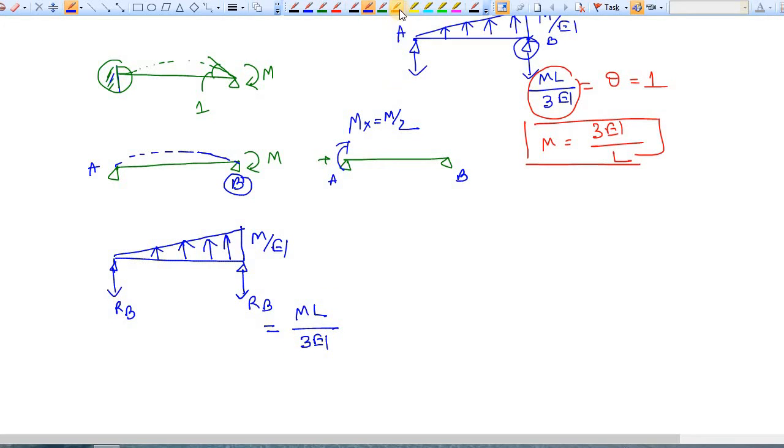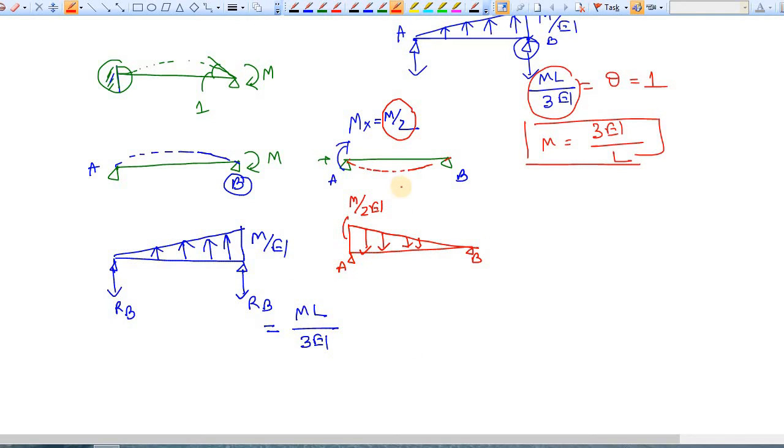The second case, again this is B, this is A, this is the M by EI diagram. Here M by 2EI because the moment is M by 2. Here the deflection is downward due to this type of moment, so you have to apply a downward load in the conjugate beam.